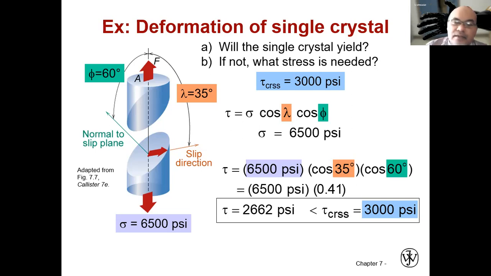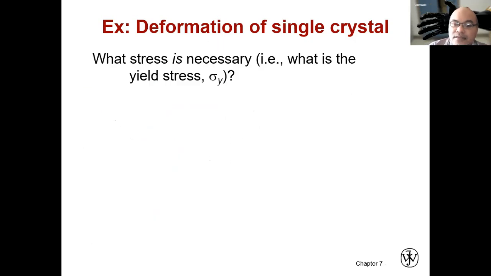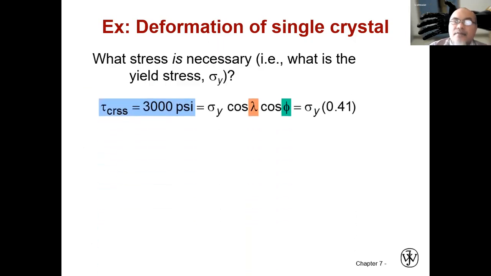So if we want to make the crystal deform, what stress should be required? The tau CRSS is 3,000 psi. The sigma y equals tau CRSS divided by cosine lambda cosine phi, and the cosine lambda cosine phi value is 0.41.